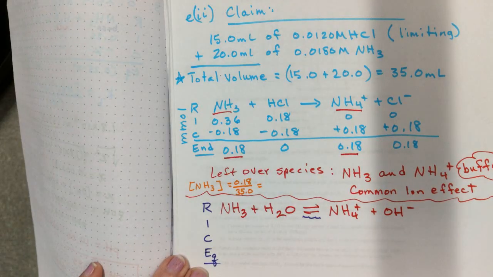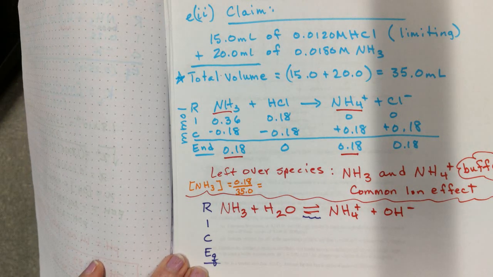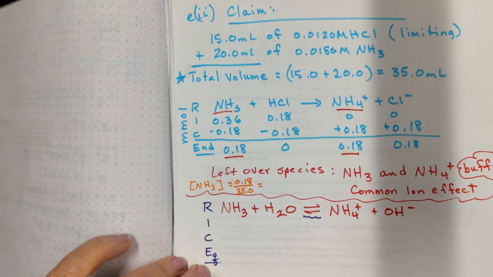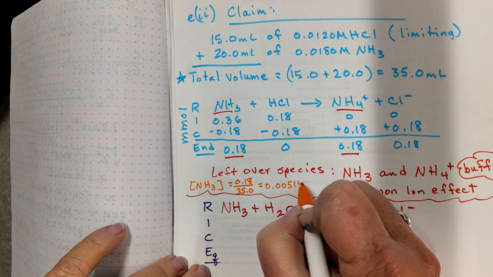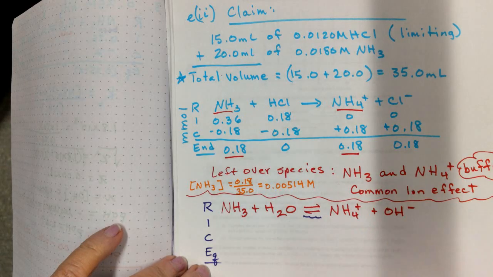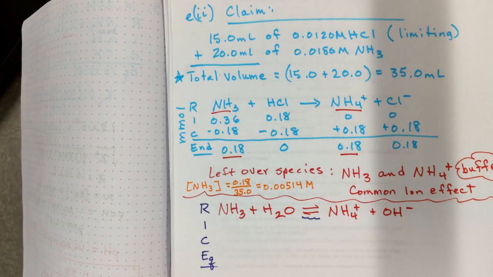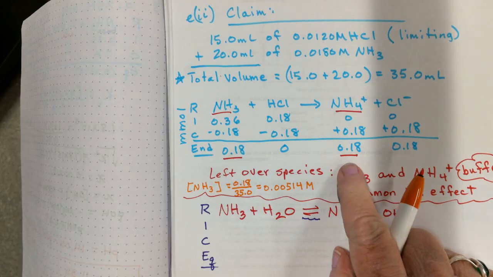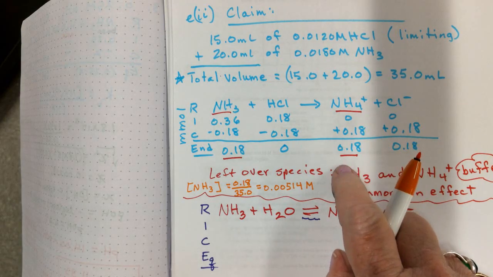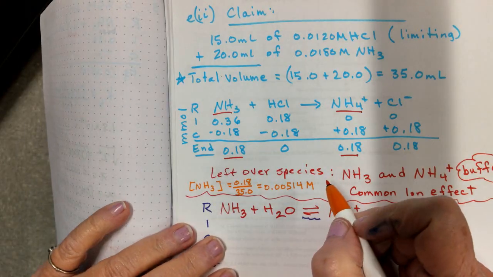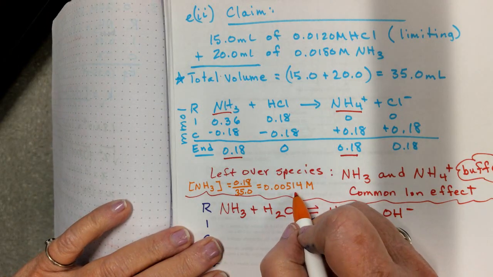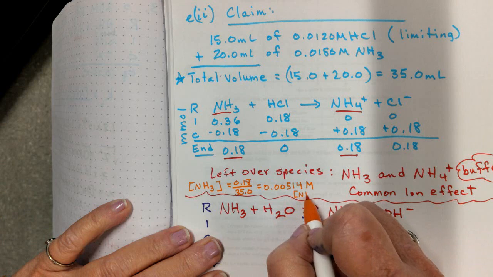And so 0.18 divided by 35 is 0.00514 molar. Well, am I going to get a different concentration for that? No, because it's the same number of millimoles over the same volume. So it's also the concentration of the ammonium.